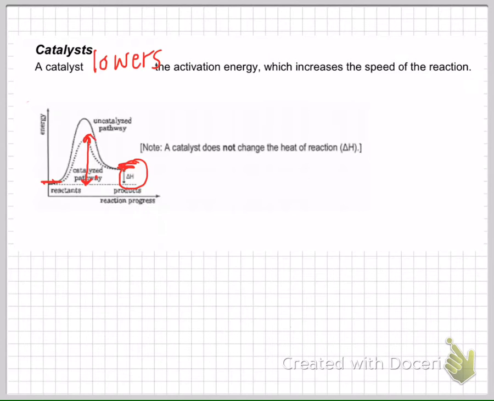Again, to get delta H, which was in our last video, you have to do the energy of the products minus the energy of the reactants. None of that changes here.